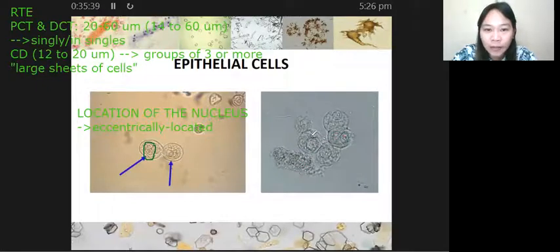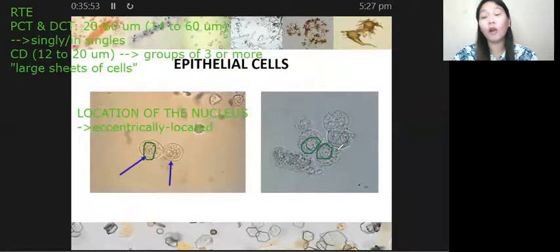So say for example, itong nucleus na to ng ating RTE cell, 'di ba? Nasa gilid siya, wala siya sa gitna. So same is true with this nucleus of your RTE cell. Again, it is off-center, it is eccentrically located. Okay? Compared to the central location of the nucleus of your bladder cell or your transitional epithelial cell.